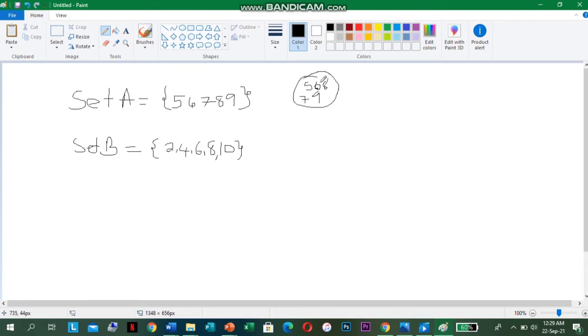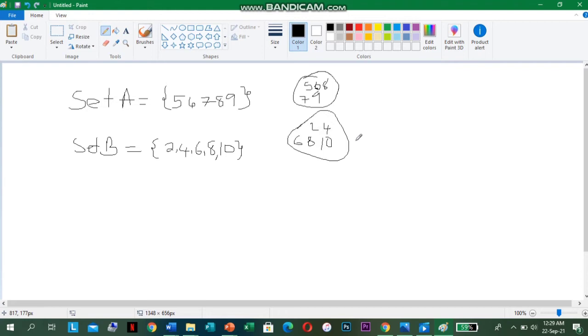Alright, now the Venn diagram for set B. We have 2, circle not drawn to scale, class. Don't worry about my circles, worry about the content, please. 6, and I have 8, and I have 10. Alright, good. So that's my Venn diagram.